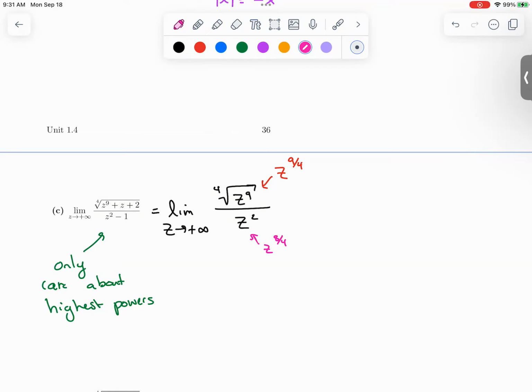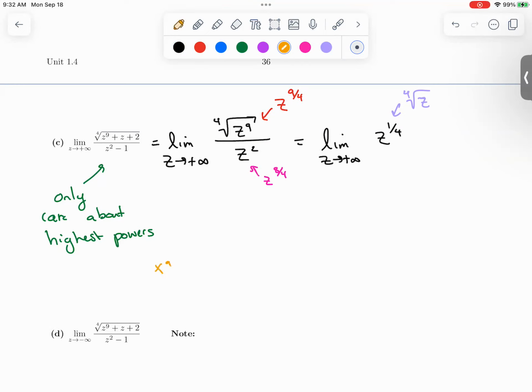Yes. So the algebra that's going on here is, remember, one of the rules we know is x to the a over x to the b. If you have the same base, then it becomes x to the a minus b. Top power minus the bottom power. So here it would be 9/4 minus 2. You can use your calculator if you want to do that.